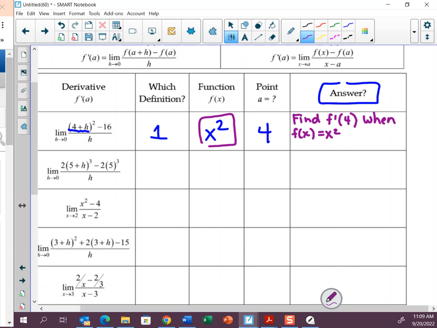Take this function and find the derivative of the function at that number. Well, if f of x is x squared, f prime of x would be 2x, and at x equals 4, that is an 8.